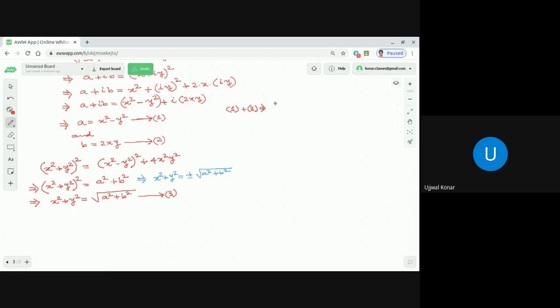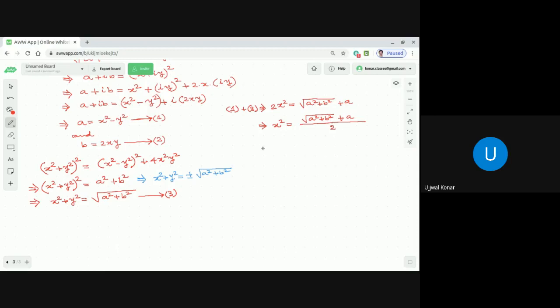We get x square plus x square, that is 2x square, is equal to square root of a square plus b square plus a. So this implies x square equal to square root of a square plus b square plus a, by 2.